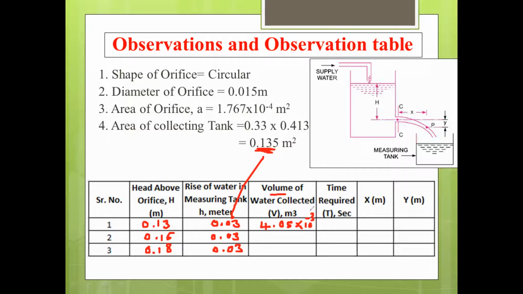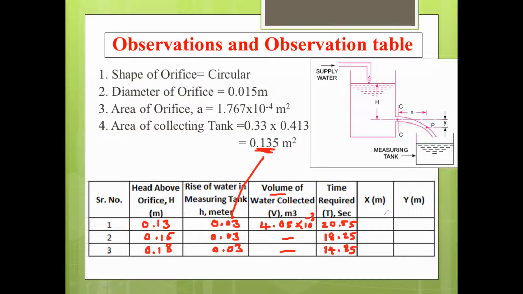And the same will be the volume for these 3. Now time taken, for the first reading, how much was it? 20.55. For the second reading? 18.25. And for the third? 14.85. Right. So these were the readings.